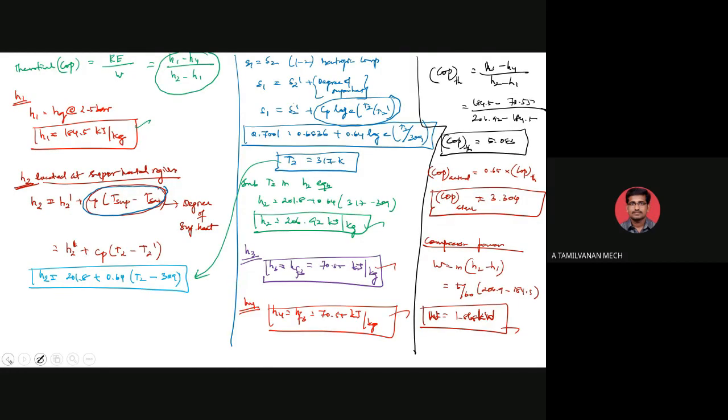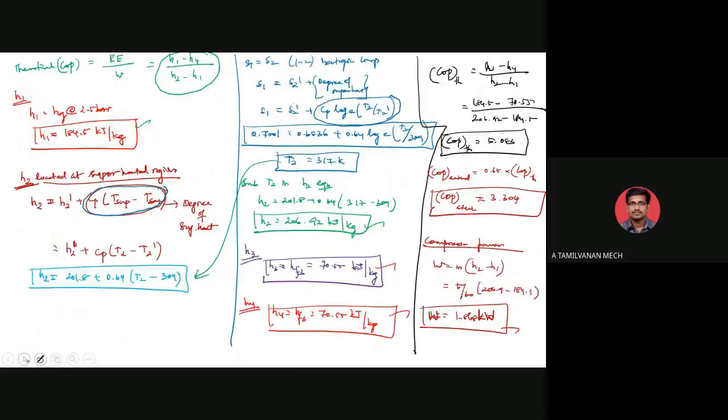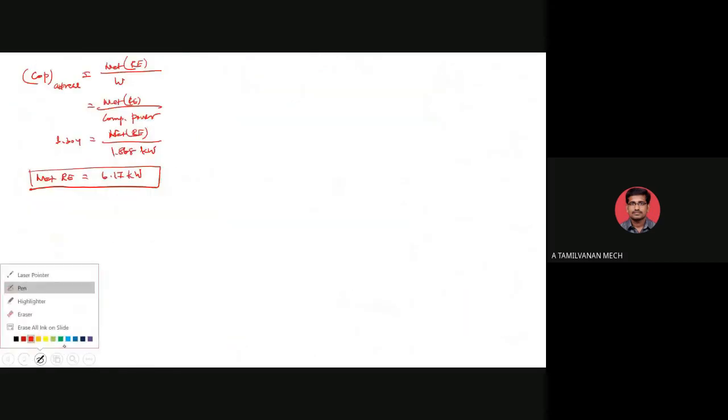But in the problem, we are asked to calculate the net cooling effect or net refrigeration produced per hour. How do you calculate per hour? 6.17 kilowatt can be written as kilojoule per second.